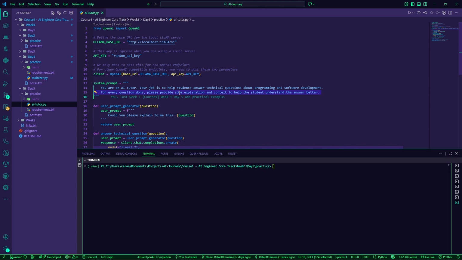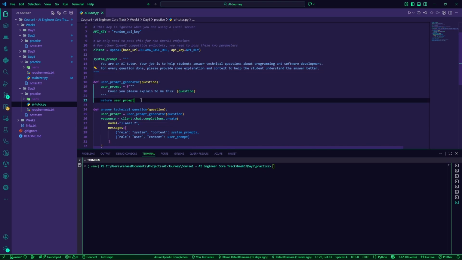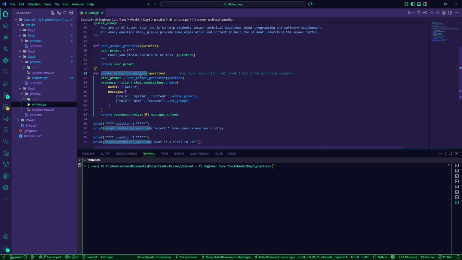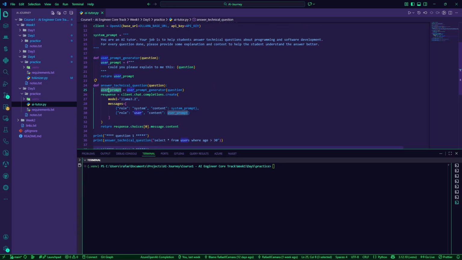I have a user prompt generator, so you can pass in whatever you want to see answered, and then the answer technical questions function just generates a user prompt. And then here on the messages array, I call the chat completions API, client.chat.create, and I pass the model.